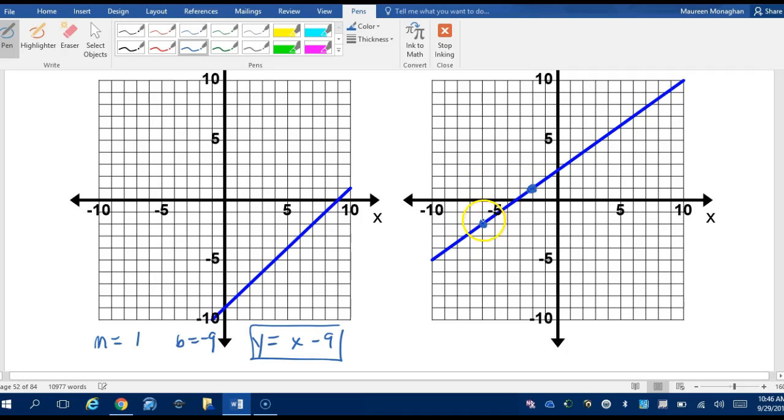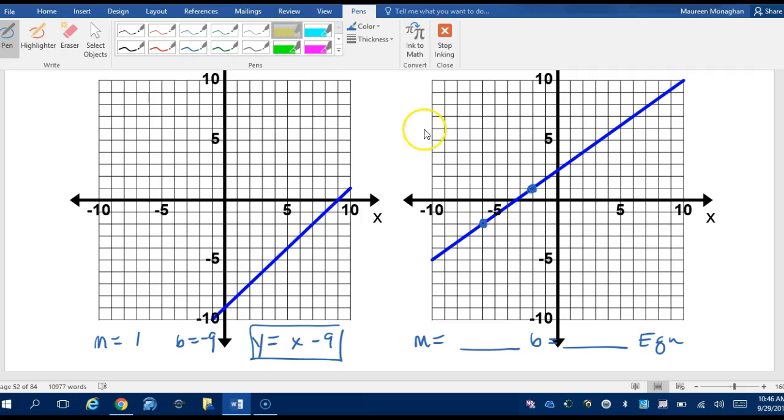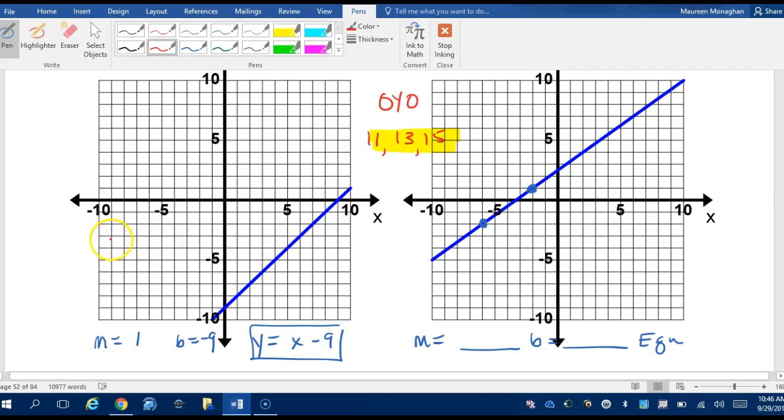So use these 2 points to find the equation. You first have to find your slope, then you have to find your y-intercept, and then you have to find your equation. So on your own were 11, 13, and 15. Okay, this concludes our lesson on writing equations and graphing.